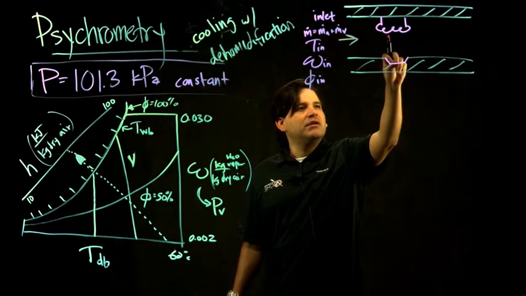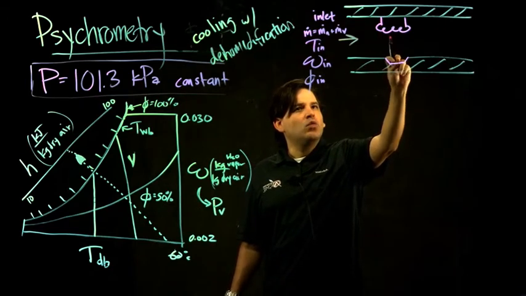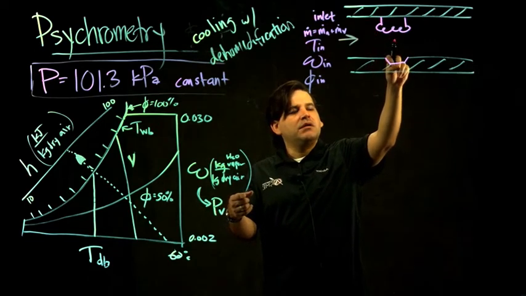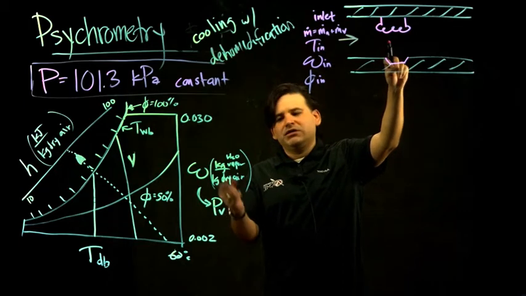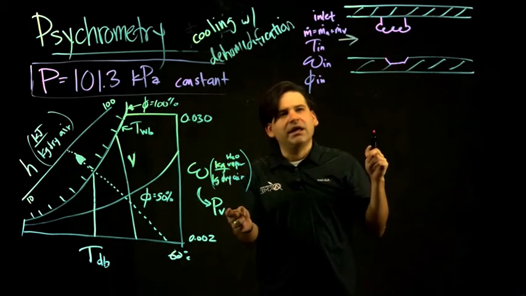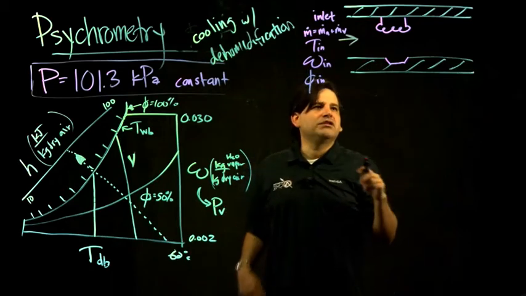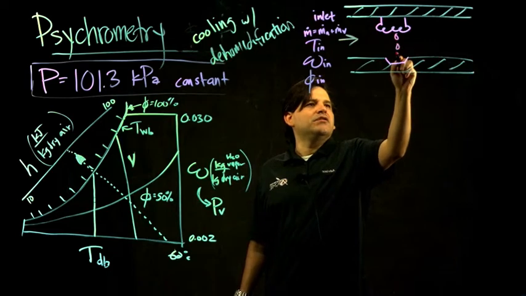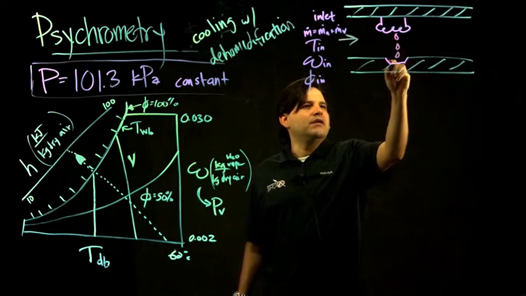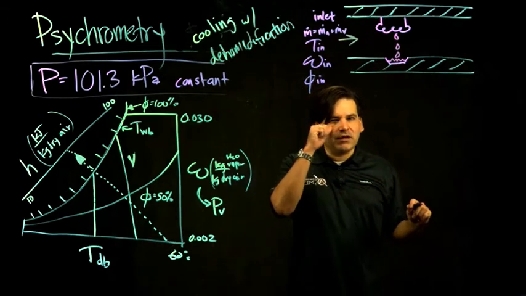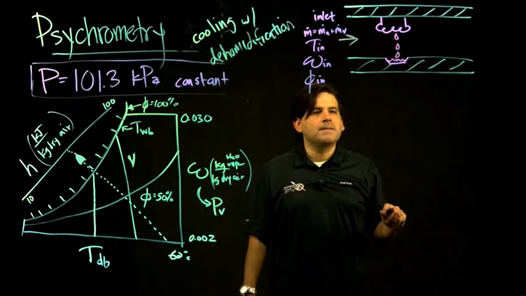That temperature reaches the point where the saturation pressure on the steam table is the same as the partial pressure of the vapor. When that happens, you have condensation. You reach 100% relative humidity.